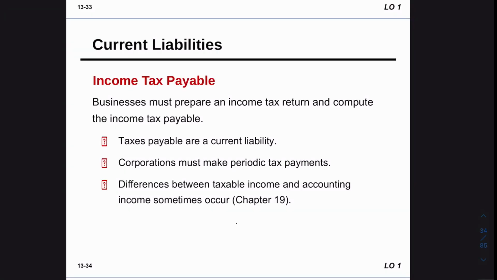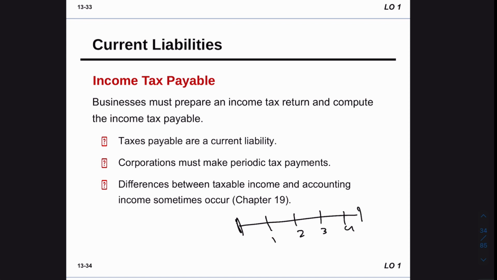Then we have income tax payable. Businesses must prepare an income tax return and compute the income tax payable. What happens is that the company estimates their profits every quarter, and based on it, they pay some taxes to the government. Let's say this is the year. The year has 4 quarters: 1, 2, 3, and 4.